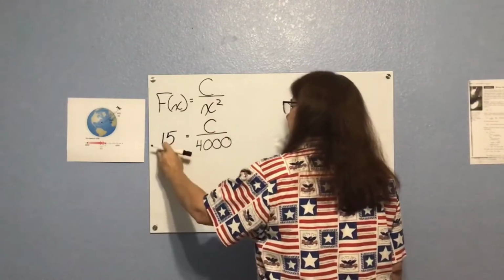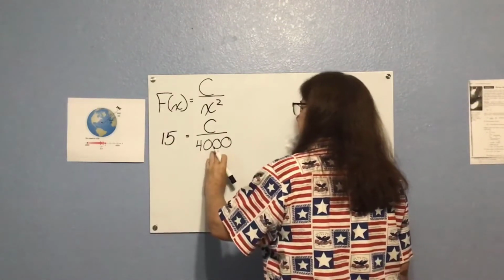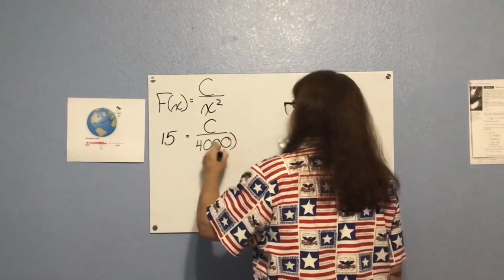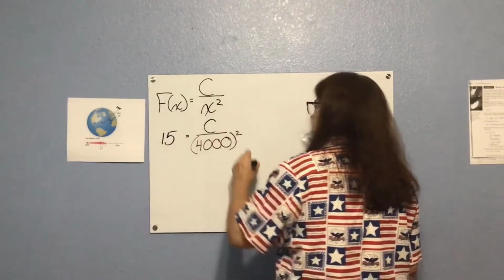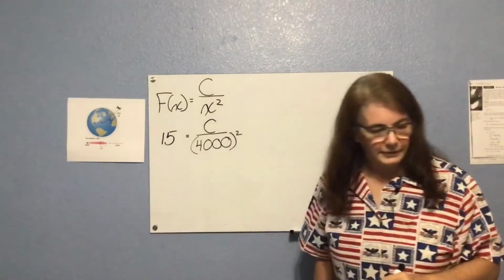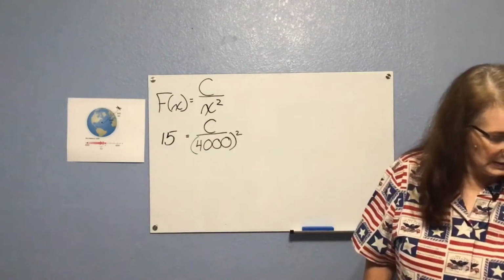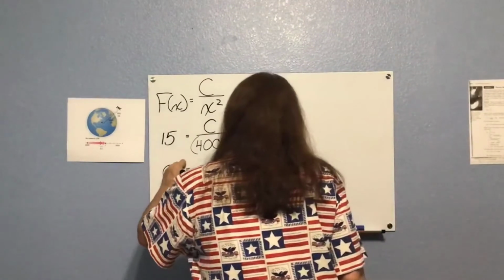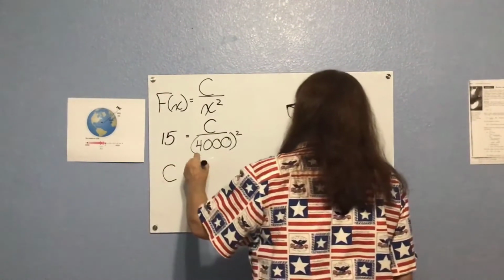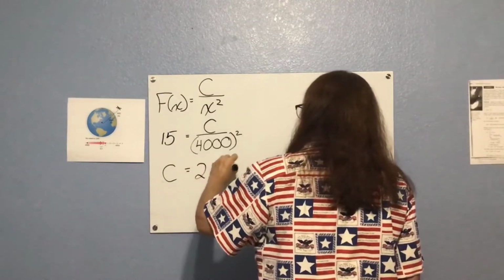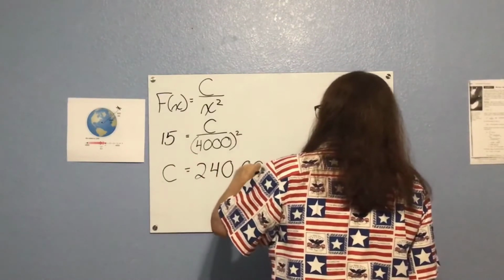So this is the weight on the surface of the Earth. This is the distance from the center of the Earth to the surface. This gives us a value for our constant of 240 million.